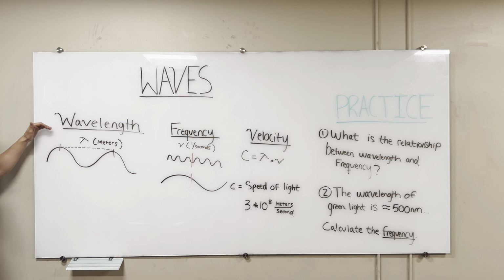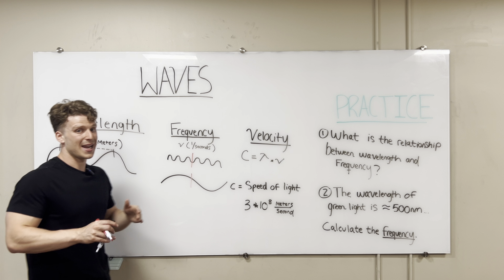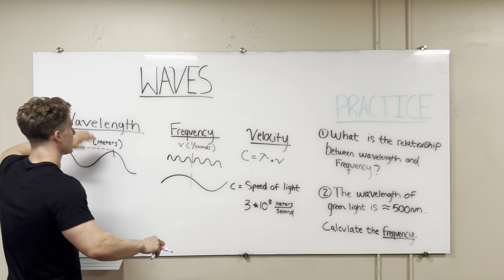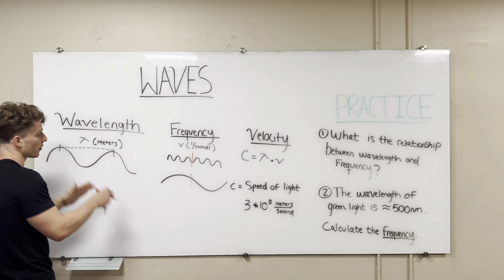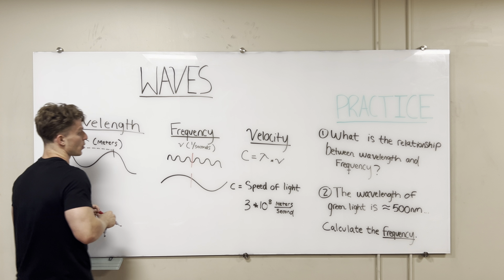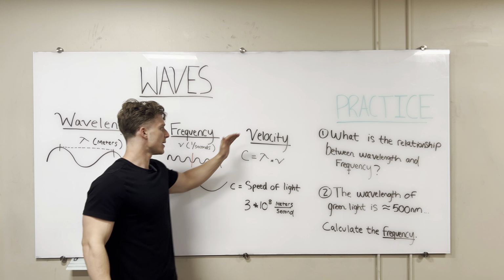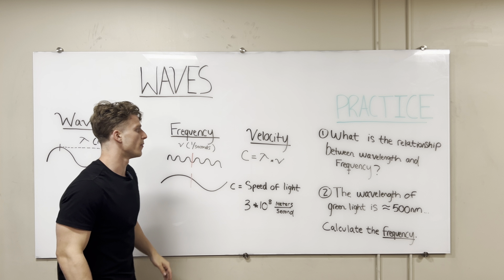So wavelength and frequency are inversely proportional. The longer your wavelength, the lower your frequency. If you have a very short, choppy wave, it's going to have a very high frequency.